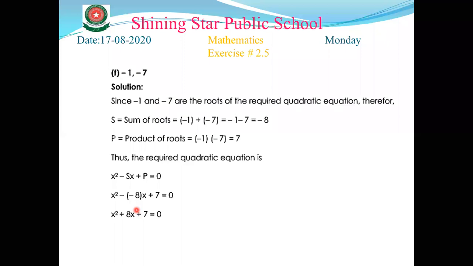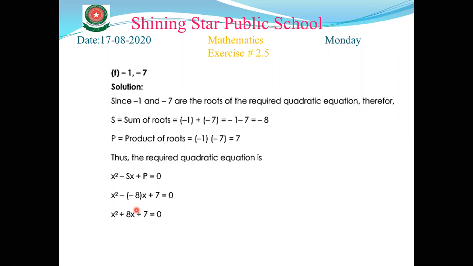Okay. Now, minus 1 and minus 7. Since minus 1 and minus 7 are the roots of the required quadratic equation, minus 1 plus minus 7 is equal to minus 8, and the product of the roots is minus 7 multiplied by minus 1, which is equal to plus 7. Okay.